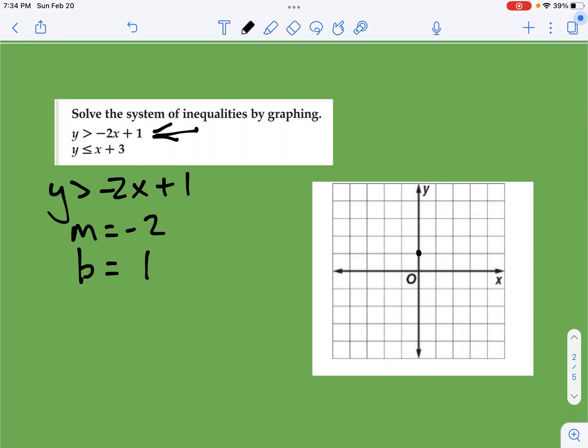So let's go over to 1. Let's put our dot there. My slope is negative 2, so that basically means down 2 and then over to the right 1. So we go down 2 from this dot, so we go 1, 2, and then over 1 from there, and that puts us right there.